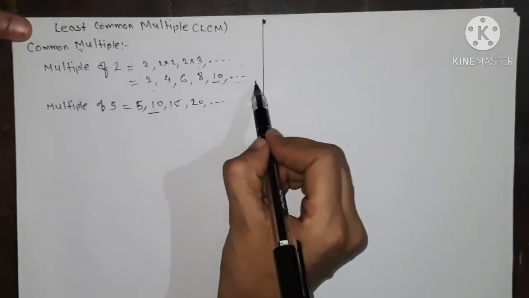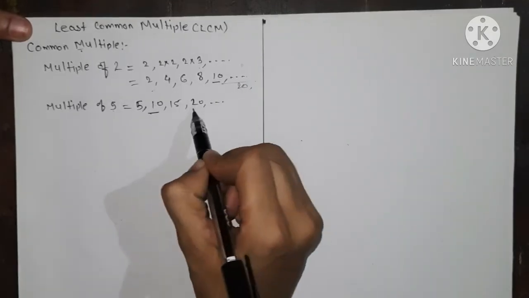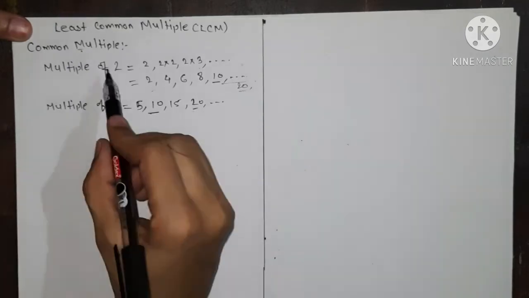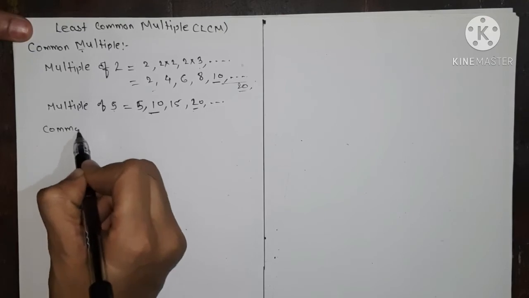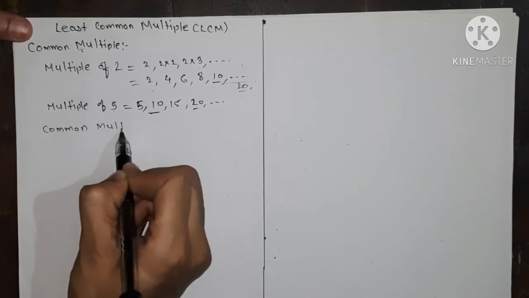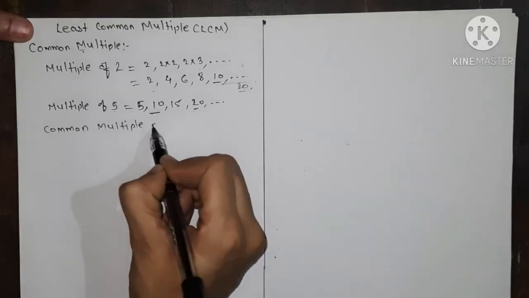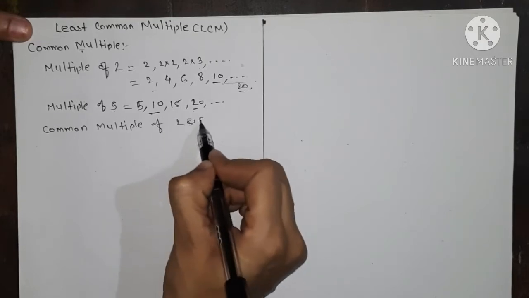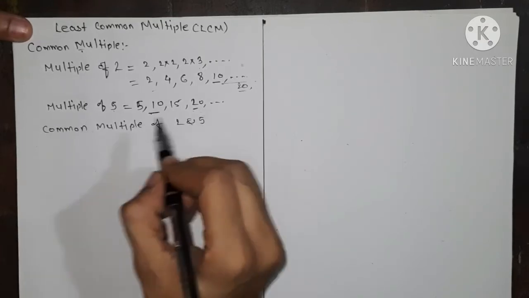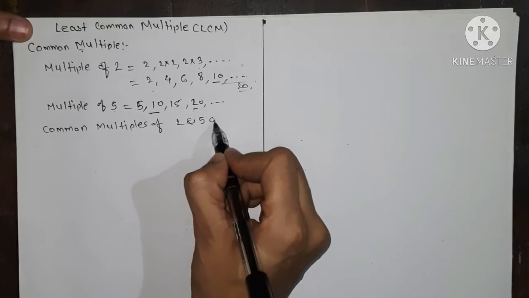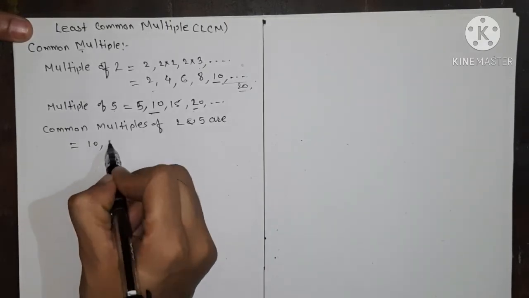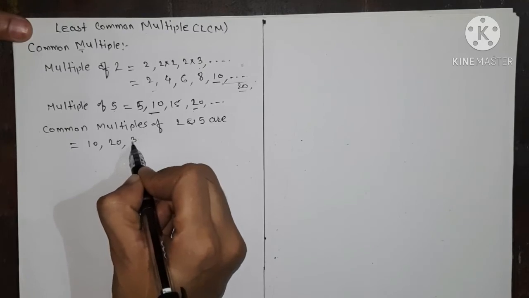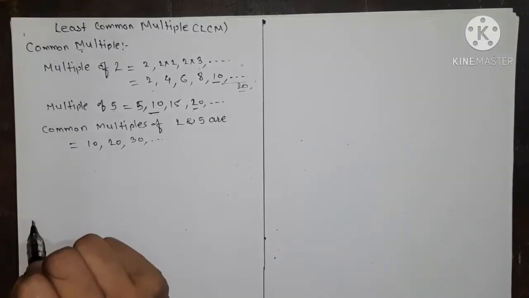And if we go forward, there comes 20, so 20 is also a common multiple of 2 and 5. So the common multiples of 2 and 5 are 10, 20, 30, and so on.